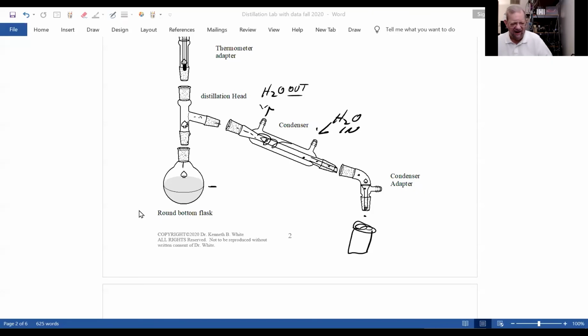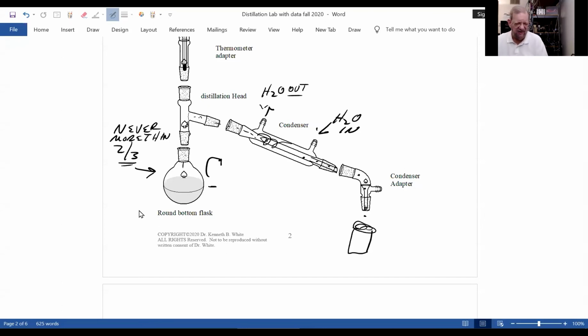In a round bottom, you never fill this. In the video I'm going to show you, they say half. In real life, you never fill more than 2/3. Otherwise, it can bump or boil over, which won't be good to purify it.